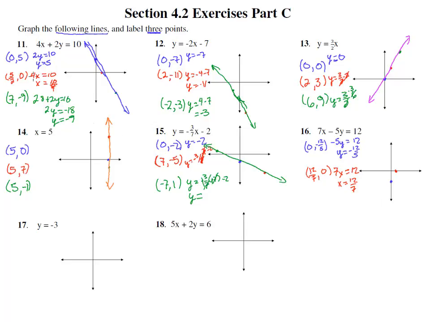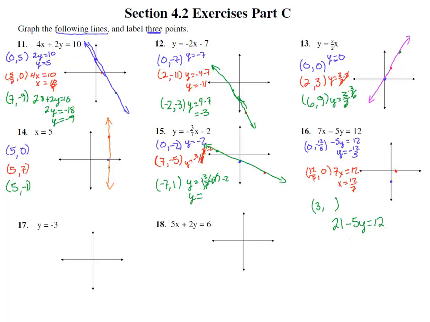That might be a little bit off, but it's pretty close. And we've got to get that third point. So we know where the line is going now, and this is just pro bono. So let's stick in something like 3. 3 for x, we can stick in anything we want. We get 21, that's 7 times 3, minus 5y equals 12.